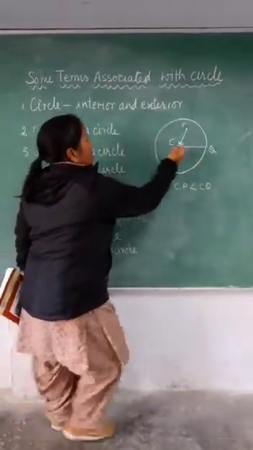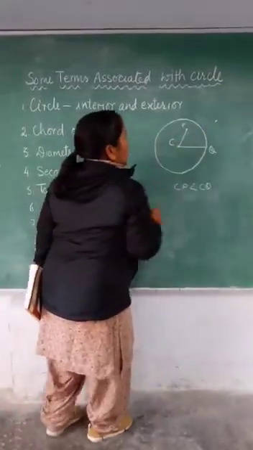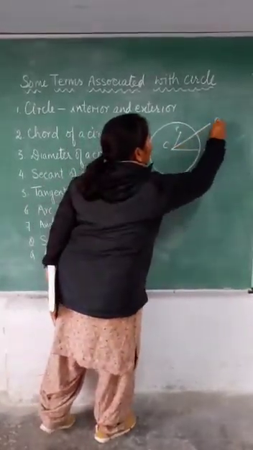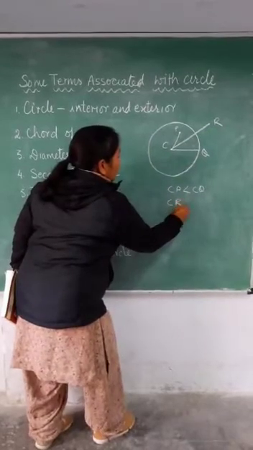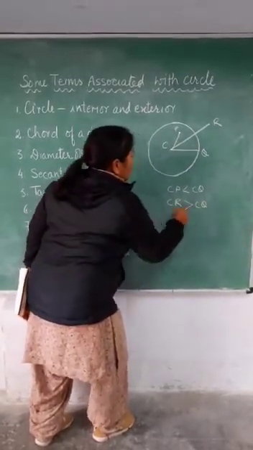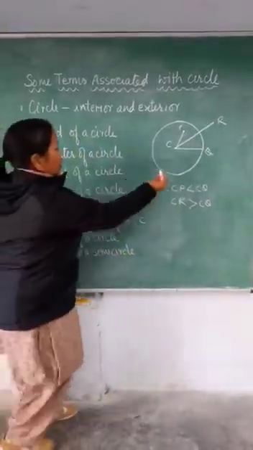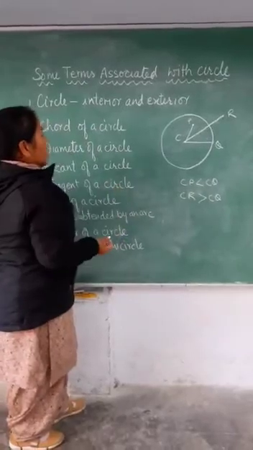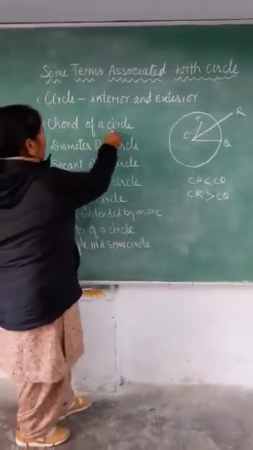Next is exterior. If any point is taken outside the circle, this is called exterior. Suppose this is R, and CR is always greater than CQ. Means the CR distance is greater than the radius. It means R point is exterior of the circle. Chord of the circle.